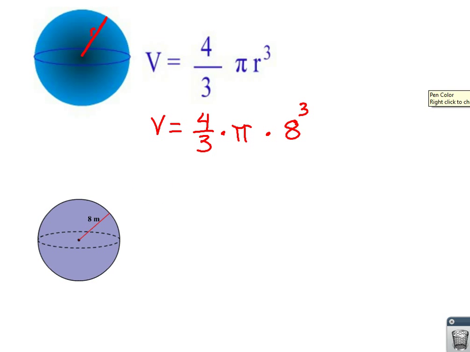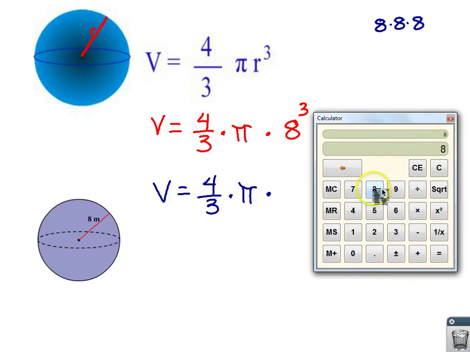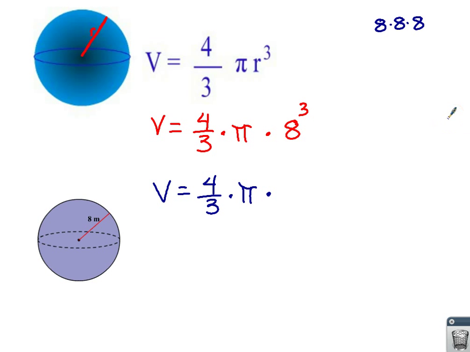Now we need to see what 8 to the third power is. Maybe now's the time for the trusty calculator. All right, 8 times 8 times 8 is 512.